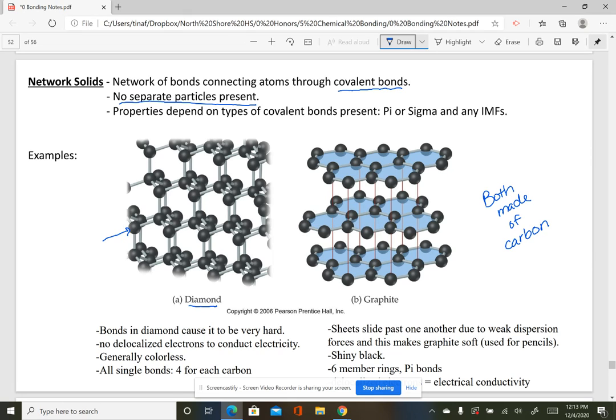Diamond is clear and hard. Diamond does not conduct electricity. Graphite actually has electrons that are moving around inside of it, so electricity is able to flow through graphite, which is not common for anything that's made up of nonmetals. So structure plays a very, very important role in properties, which is what we're getting to.